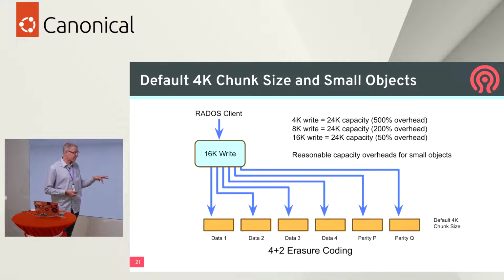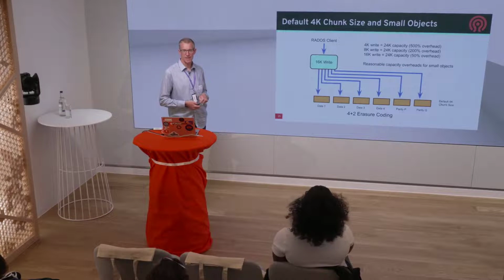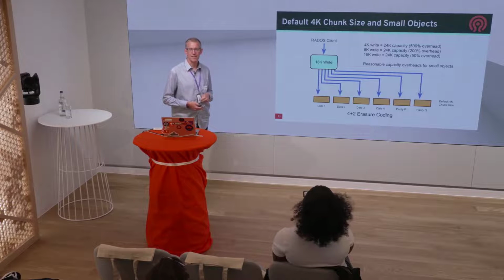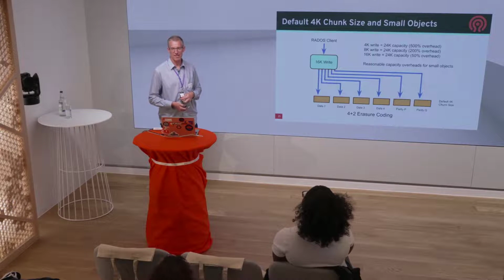If I do an 8K write, what the code actually does today is it will write 4K to the first 2 data devices. It will put padding, so it actually creates zeros, sends them across the network, and writes them to the drive, consuming capacity on your drives. So you get padding on data 3 and data 4, and you get the coding parities.